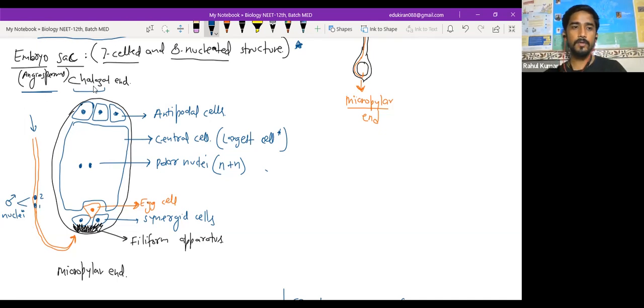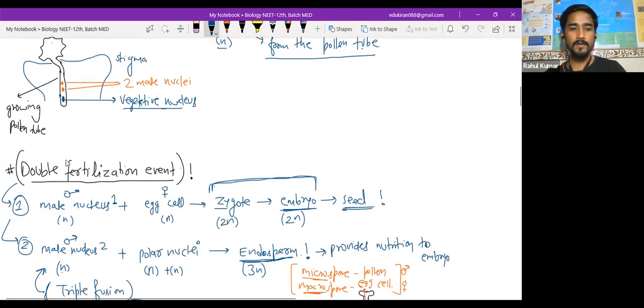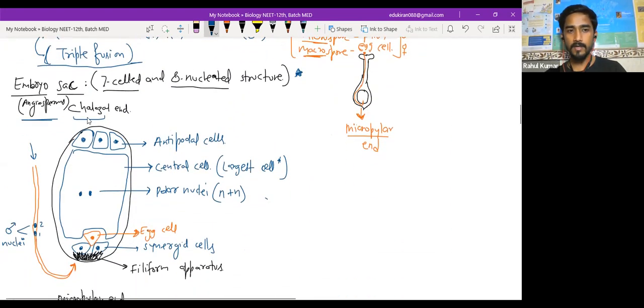It comes from the top, and it could easily enter from here, the shortcut, but it never enters from the top. It goes all the way and enters from the bottom into the embryo sac, this pollen tube.